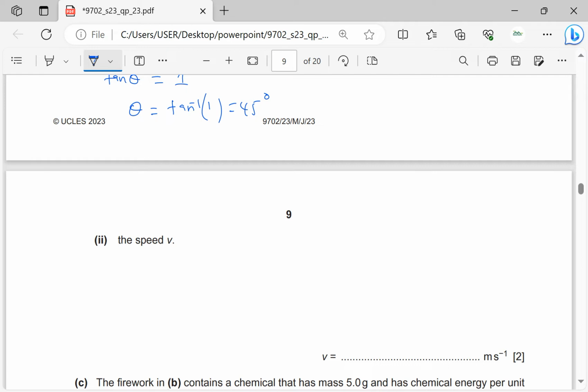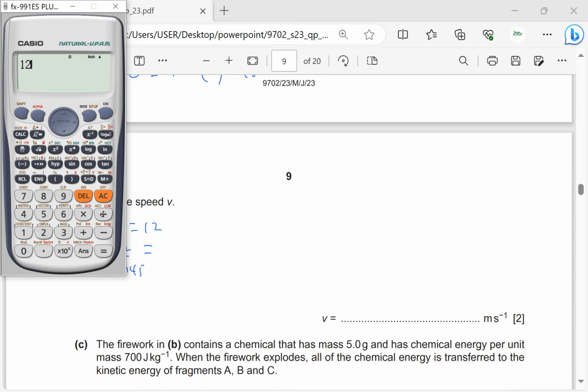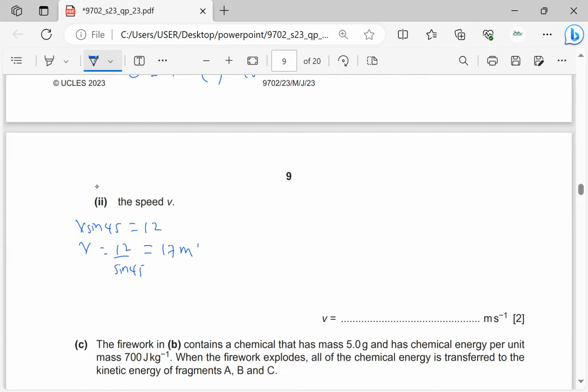You can just take any equation which has v. So I could simply say v sine 45 is equal to 12. So v is equal to 12 divided by sine 45. That is 16.97, approximately 17. So this is 17 meters per second.